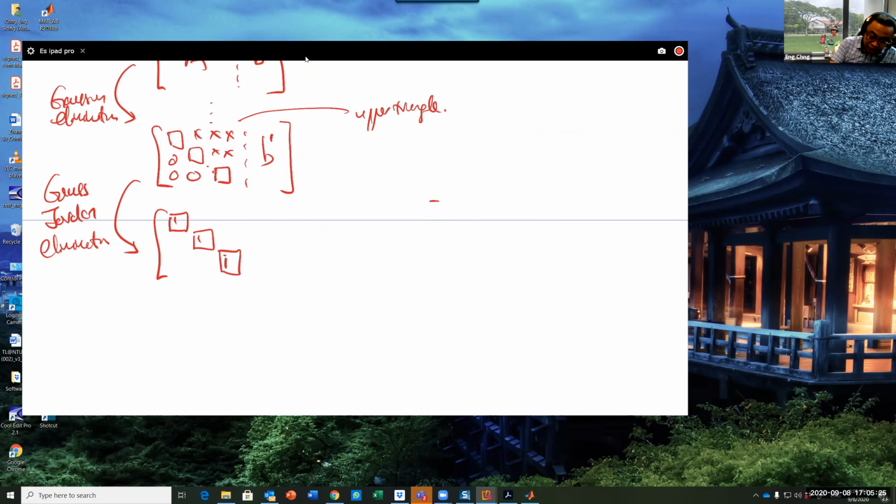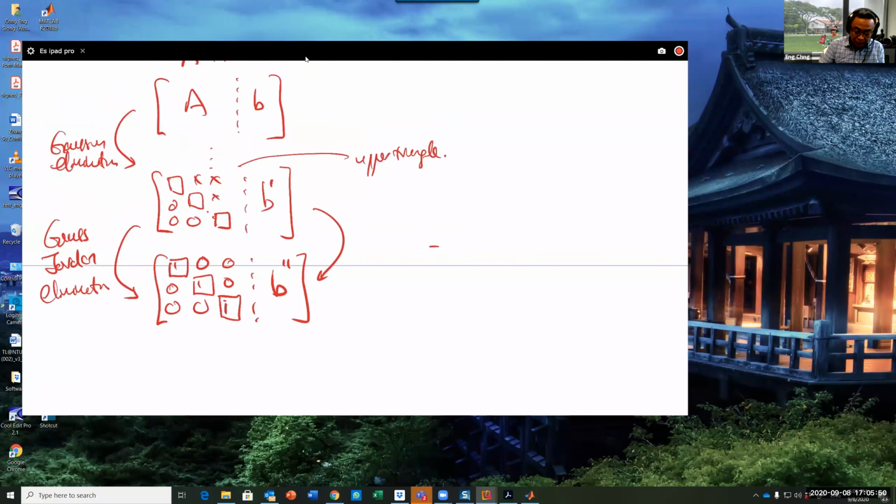I should be very careful here. Then I would have 0 here, 0, 0, 0, 0, 0. And B, let's call this double dash because it again changes. And where is my variable x?